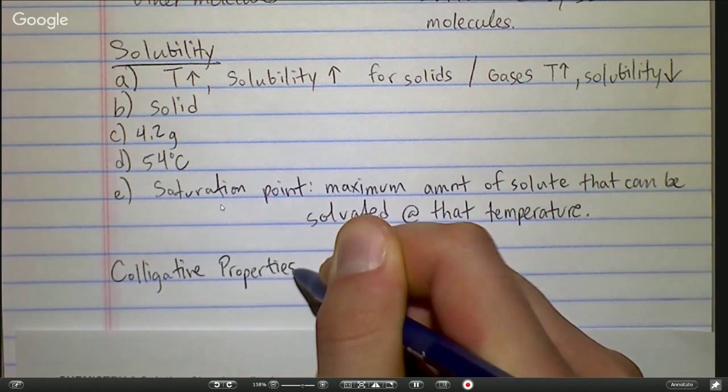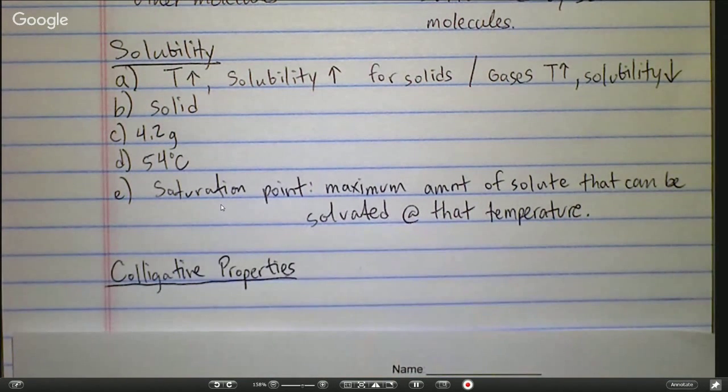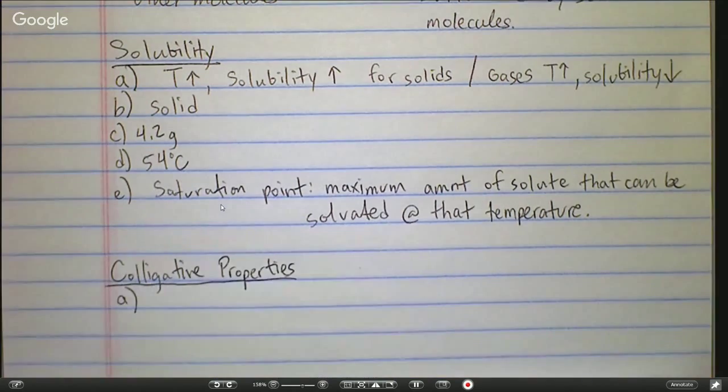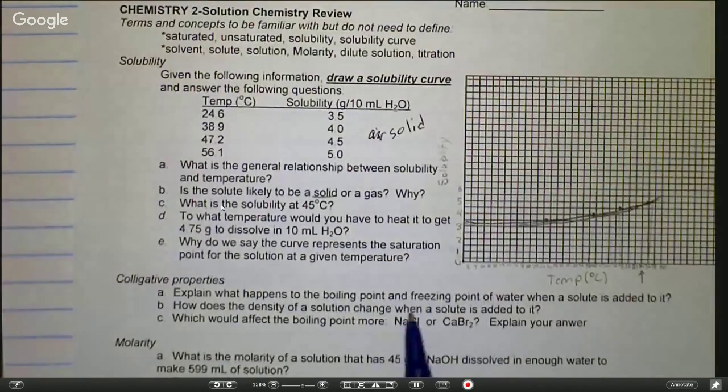Recall that with colligative properties, it's not so much what we have in the solution that affects things, but rather how much of it, the quantity, and how much that substance might break down. Okay, so with colligative properties, A is asking what happens to the boiling point and freezing point of water when a solute is added to it.